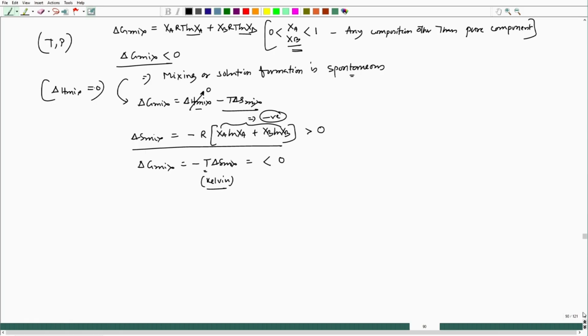Now, we have seen that delta H mix equal to 0. The significance of delta H mix is that during solution formation no heat will be evolved or absorbed. But this is not true in practical situations.